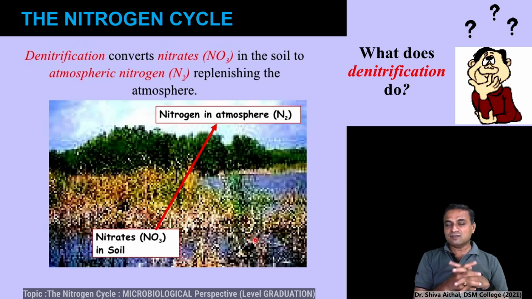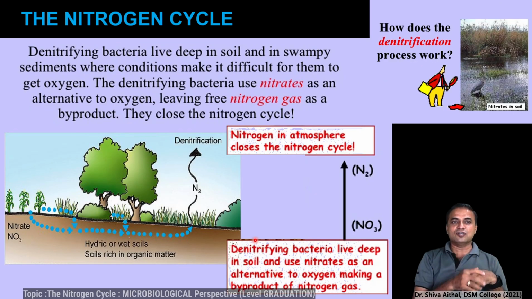Okay, what does denitrification do? It converts the nitrates in the soil to atmospheric nitrogen, and it replenishes the atmospheric nitrogen. So this is the nitrogen cycle in general. So how does this denitrification process work? As I said, it is the denitrifying bacteria which are living deep in the soil.